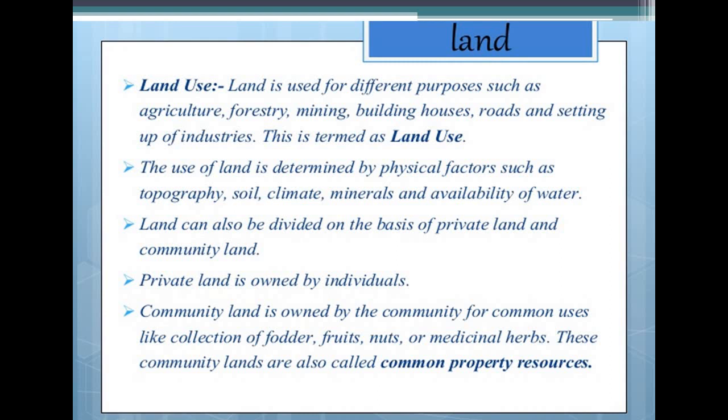So private land is owned by the individual, and community land is for the community only, for different groups of people, and is owned by the government. For example, the fruits, nuts, and medicinal herbs can be part of your locality. You can correlate it with this.